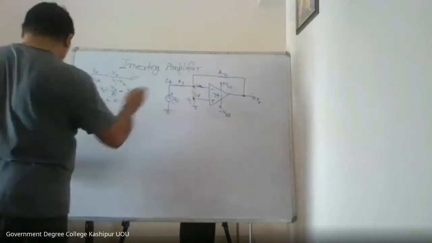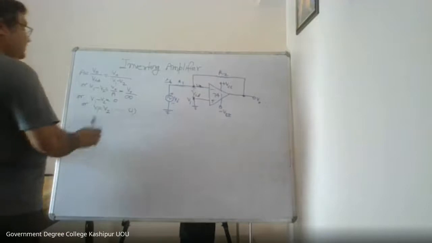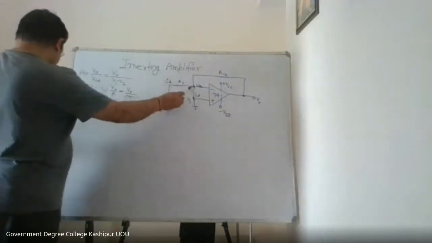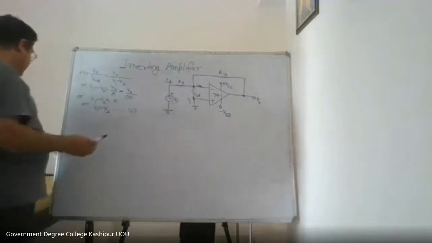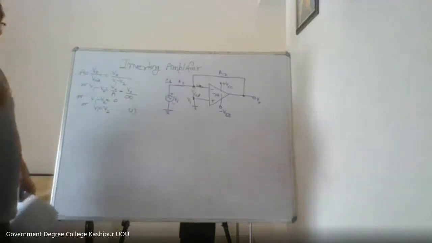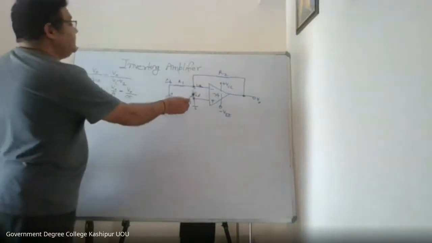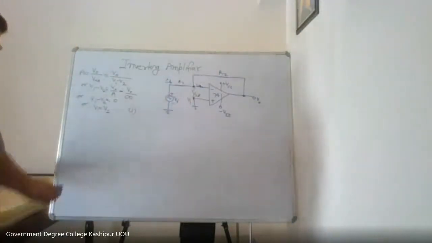V1 equal to V2 means the potential difference between the two terminals is 0, or we can say there is a virtual short circuit between these two terminals of the inverting amplifier.